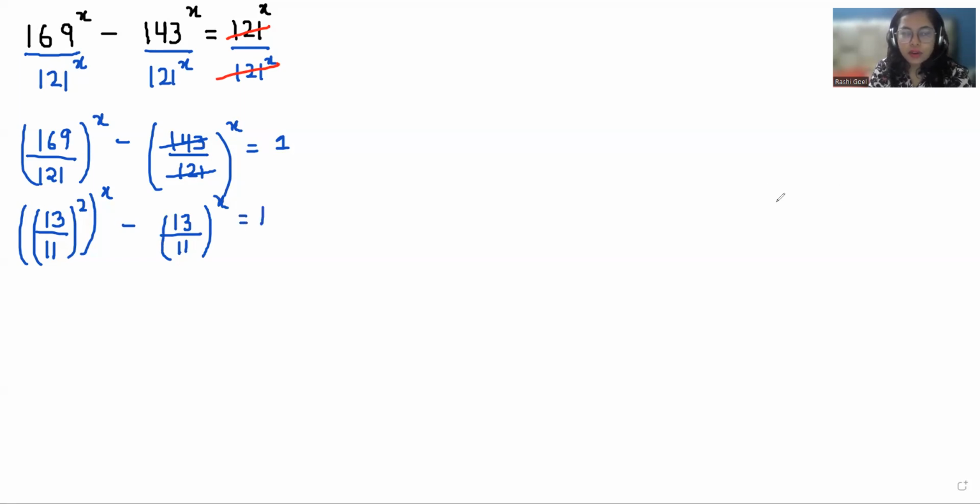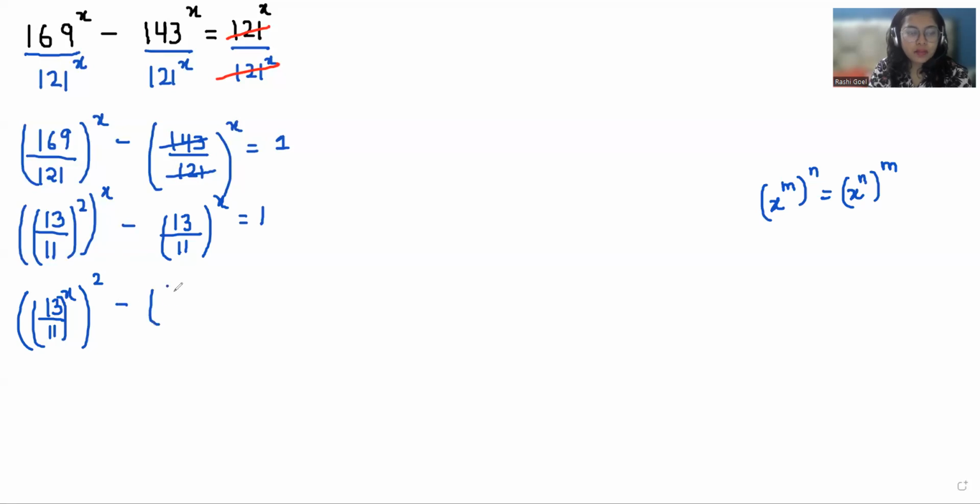So according to the exponent rule, that is (x^m)^n is equal to (x^n)^m, we can write it as ((13/11)^x)^2 minus (13/11)^x is equal to 1. Now we'll take a substitution.